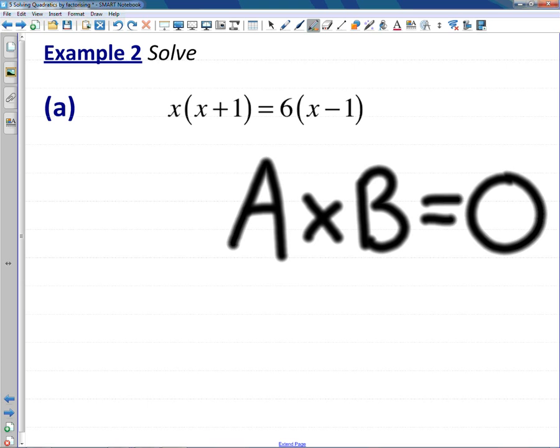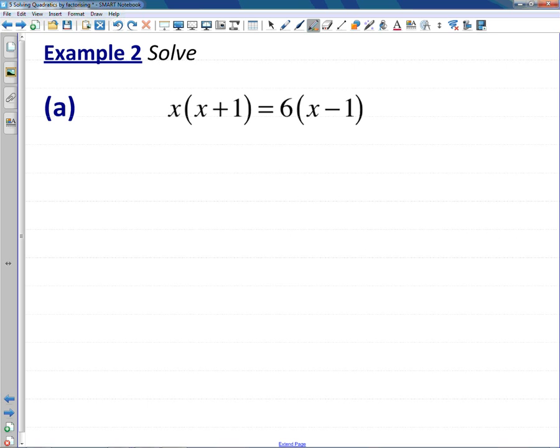But the point is, what you're looking to do is get your quadratic factorised and get it crucially equaling 0. That's vital. You need to always rearrange what you've got, whatever the quadratic is, so that it equals 0. I can't emphasise that enough.